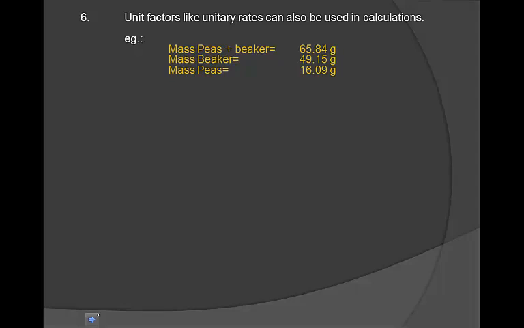So I've got that there's 65.84 grams when I have peas and the beaker combined. The mass of the beaker on its own is 49.15 grams. So taking the difference, I know that the mass of the peas only, all on its own, is going to be 16.09 grams. Now what I didn't tell you already is that I'm looking at a situation where that's 50 peas. So I can set up one of two unitary rates.